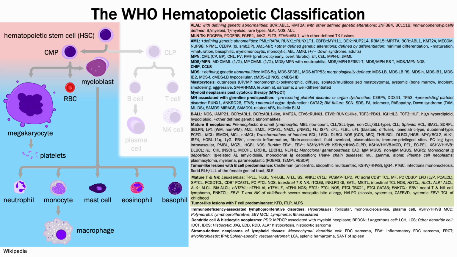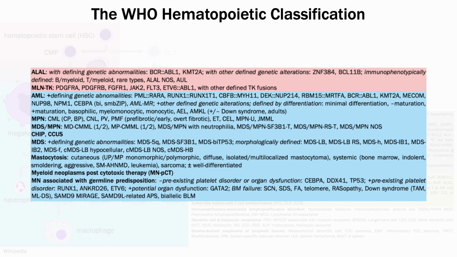If we go back to our complete list of myeloid neoplasms, we covered almost all of the major categories, starting with myeloproliferative neoplasms, myelodysplastic-myeloproliferative neoplasms, and myelodysplastic neoplasms. Very briefly, mastocytosis. Then we went into acute myeloid leukemias and myeloid neoplasms post-cytotoxic therapy, touched on germline predisposition and tyrosine kinase fusions.